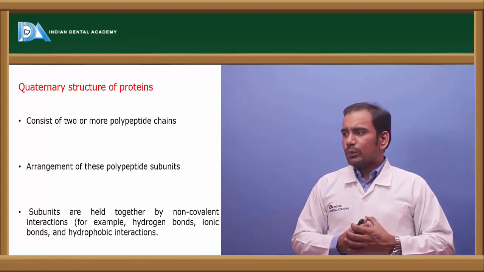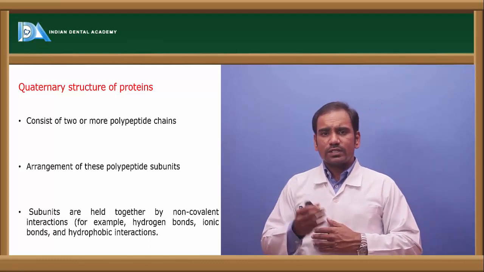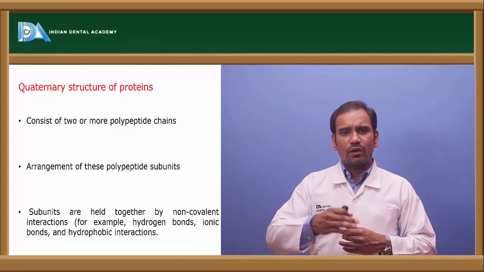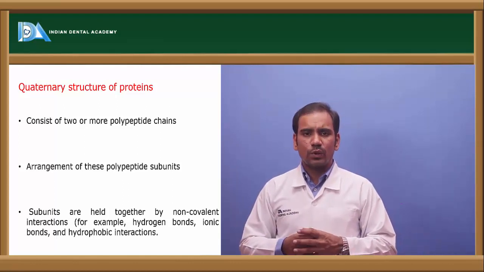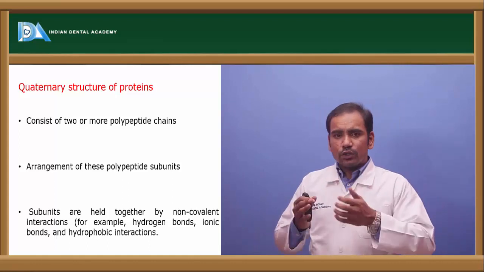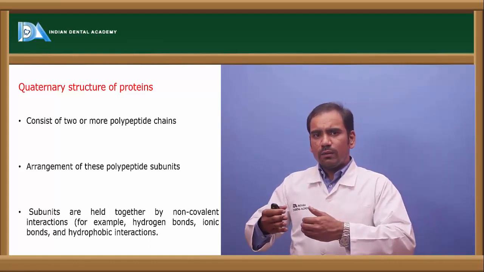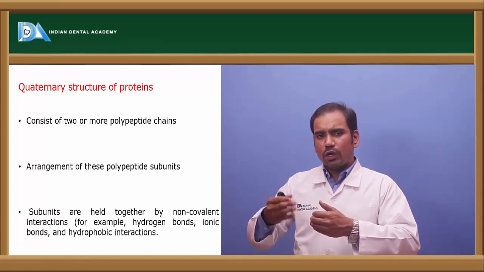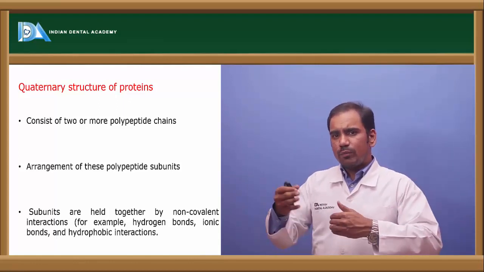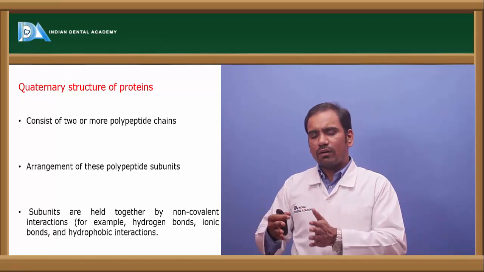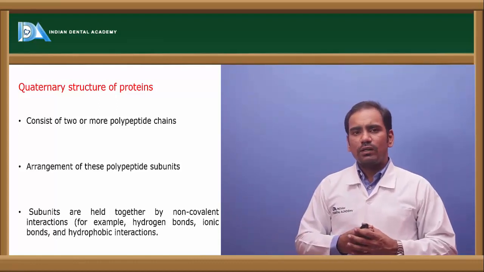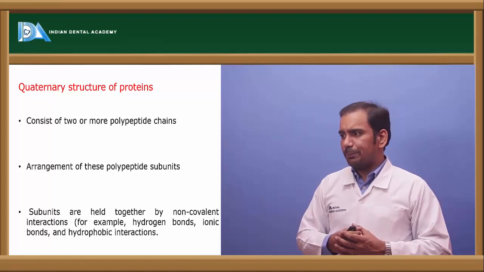Quaternary structure can be defined as the association of catalytically or functionally active subunits. Each polypeptide chain in quaternary structure we call a subunit, and these subunits have catalytic or functional association. That is called the quaternary structure of a protein.